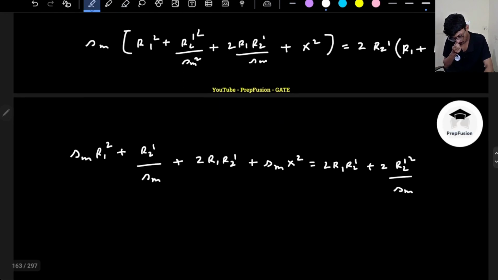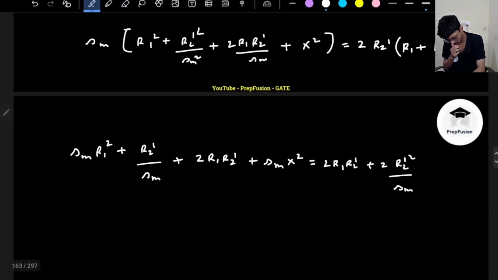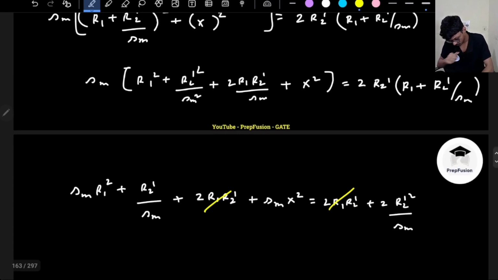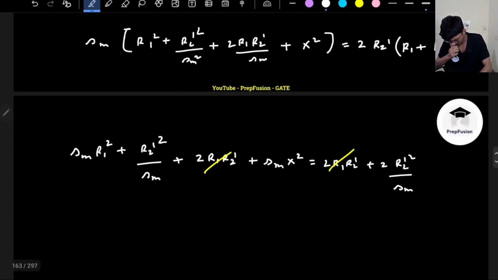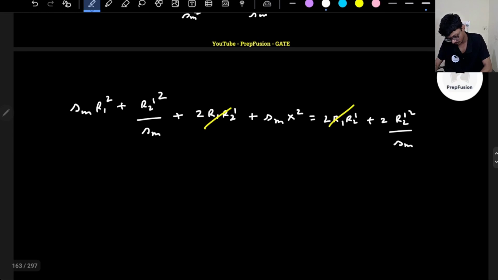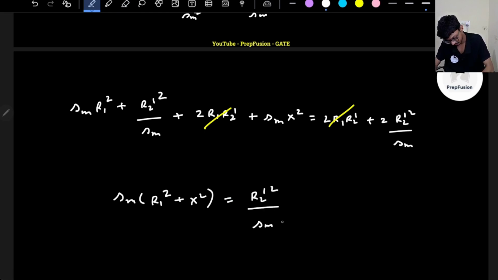So if you see, 2 r1 r2 dash is getting cancelled, r2 dash will be whole square, r2 dash by sm I can take on the other side, and this sm I can take common. So sm, if I take common out of this, it is r1 whole square plus x whole square equals to r2 dash whole square divided by sm.